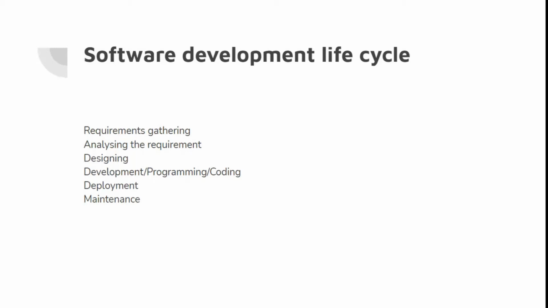To avoid these things, we have to do these two things. Designing and analyzing are mostly carried out in the same phase. So requirement gathering is one phase, analyzing requirements and designing them is another phase, and the fourth phase is development, or programming, or coding.